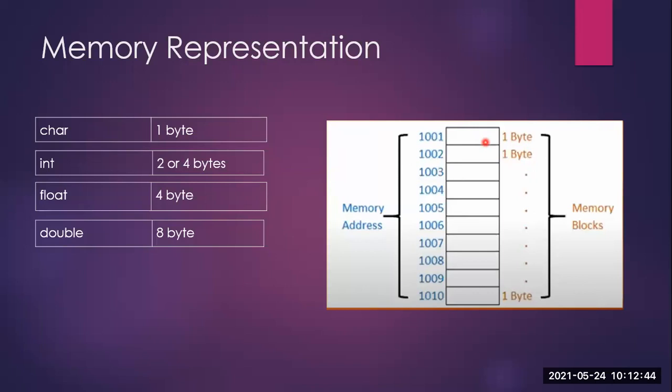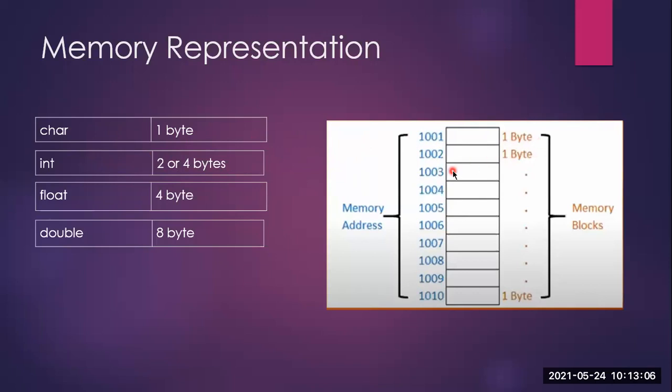Now what happens is, whenever we declare a char variable, just 1 byte is occupied. If we have to declare an int variable, which can be 2 or 4 bytes, let us assume now it is going to be 2 bytes. So it will occupy 2 blocks. Each block in the computer's memory is just made up of 1 byte.